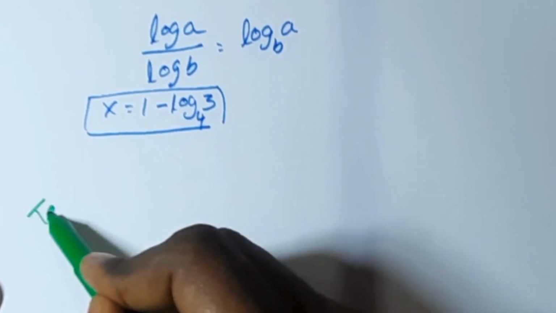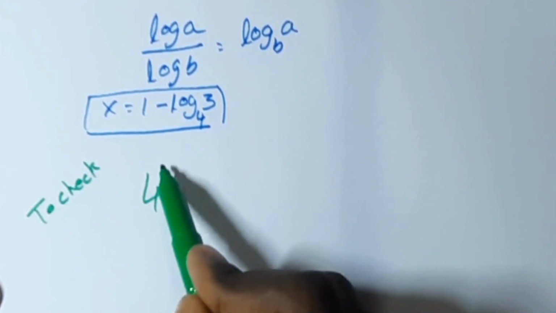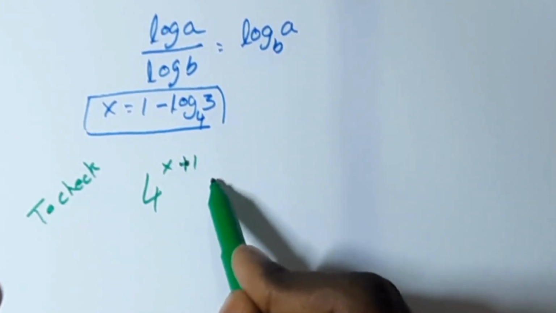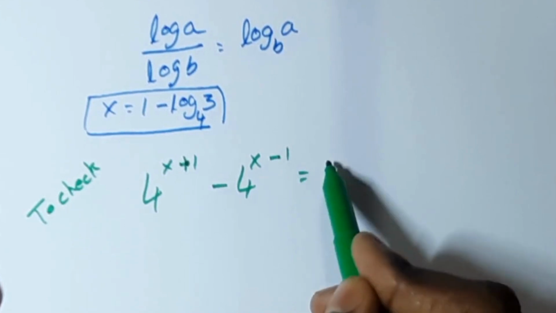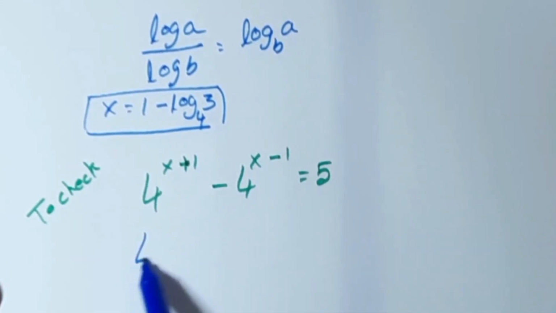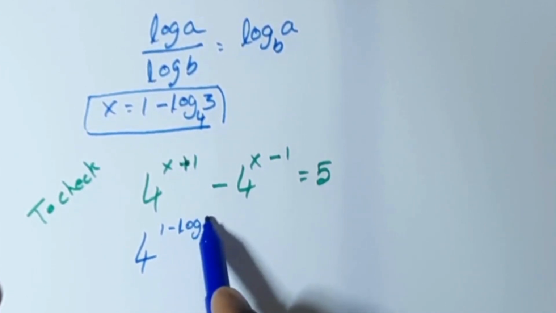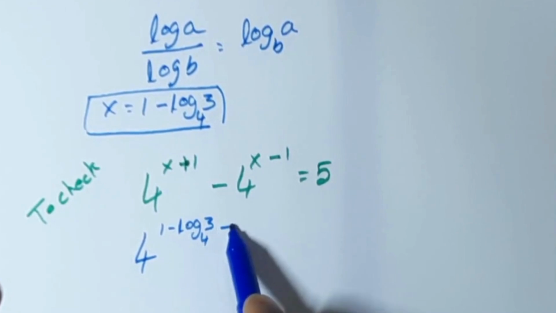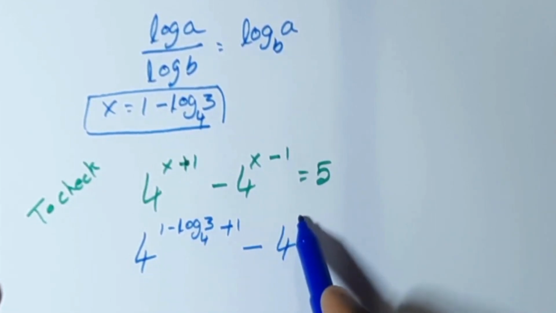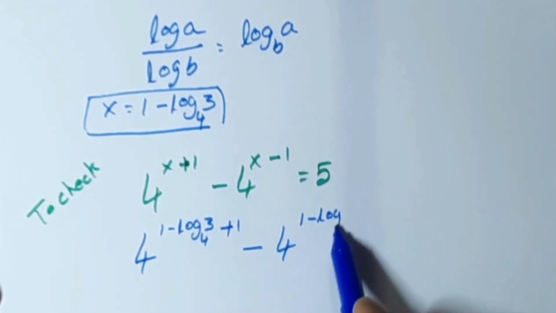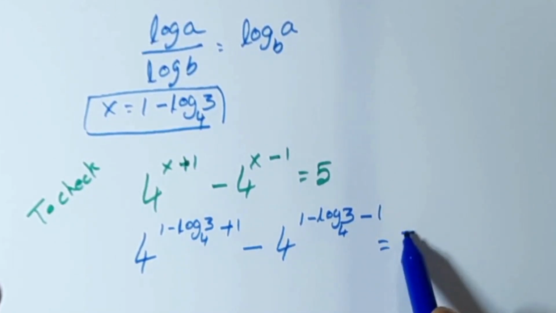We are going to check with the equation 4 power x plus 1 minus 4 power x minus 1 equal to 5. Now the x value is 1 minus log 3 base 4, so 4 power (1 minus log 3 base 4 plus 1) minus 4 power (1 minus log 3 base 4 minus 1) equal to 5.